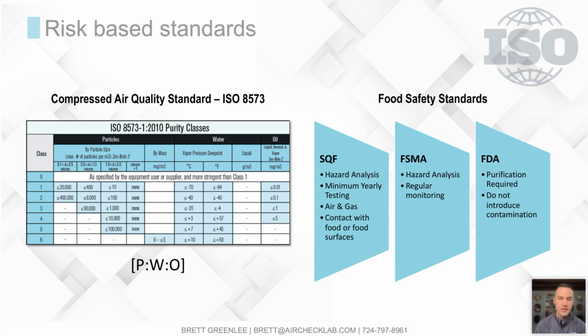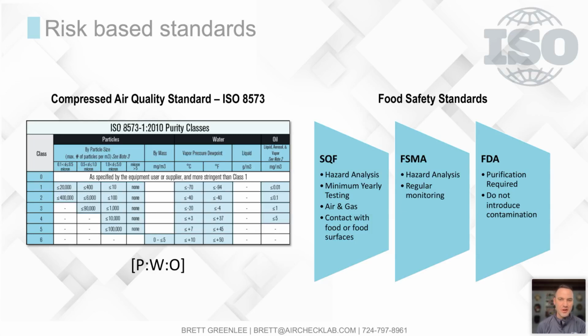for your facility. Now, some of these food safety standards on the other side of this slide are those like SQF, which I'm sure many of you are familiar with, the Food Safety Act, if you're in the United States, and then the FDA. I wanted to draw attention to their language and what they actually require, because most of them are rather vague.